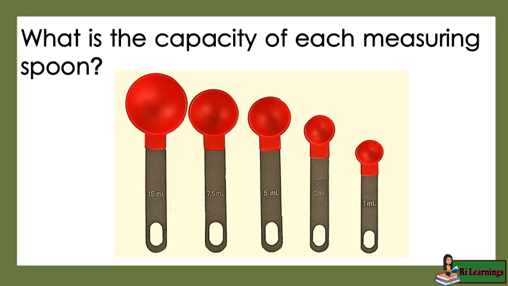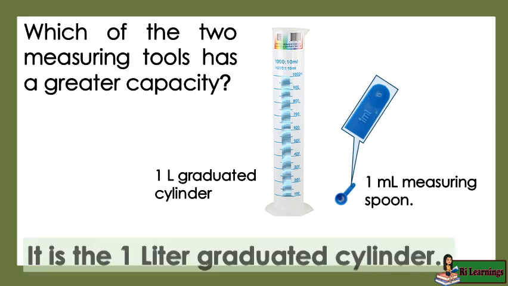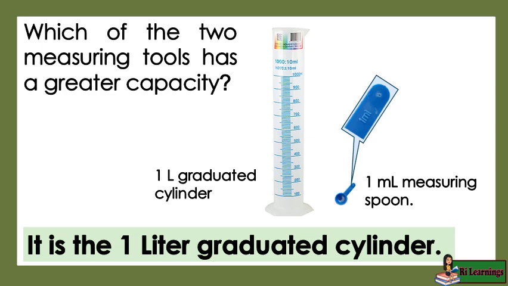What is the capacity of each measuring spoon? Which of the two measuring tools has a greater capacity? 1 liter graduated cylinder. 1 milliliter measuring spoon. It is the 1 liter graduated cylinder.